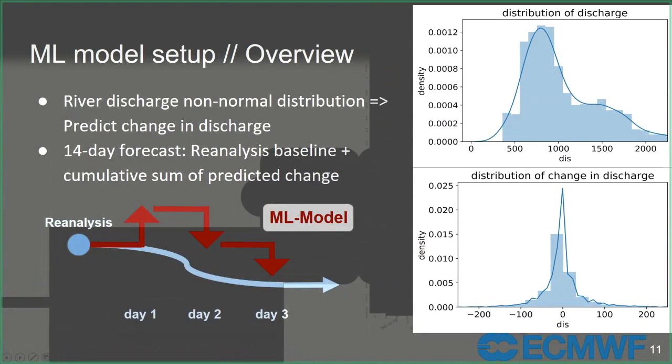Like you see in the right-hand side picture, the distribution of discharges in absolute values has a high, important right tail of the impactful cases. Now we are zero-centered, and we hope that improves the training time and the convergence of our models.